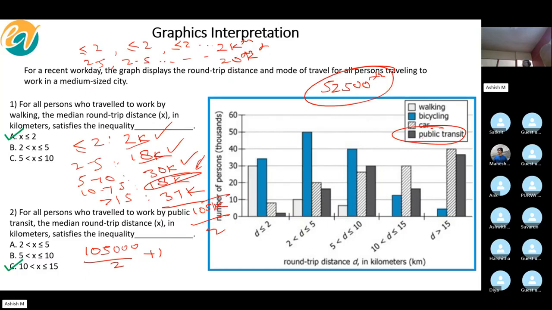That would be technically the median. So which would be obviously 50,501. So this will be the number. Are we clear?